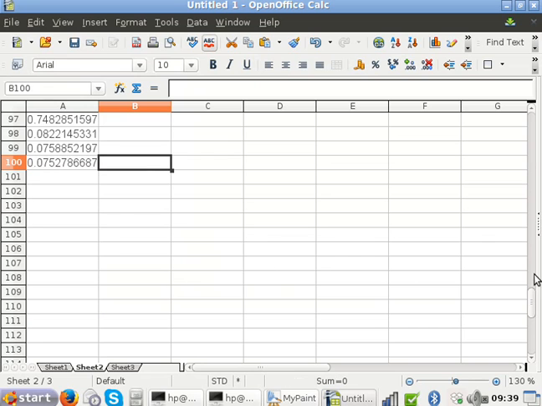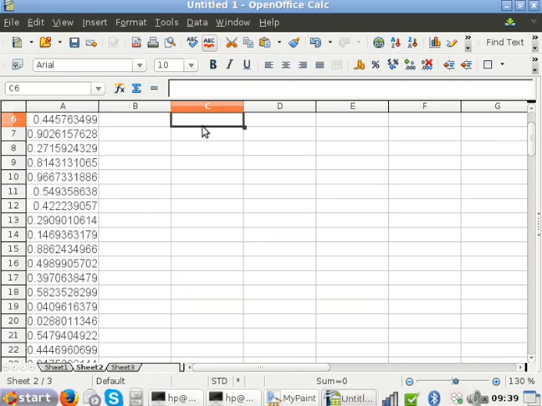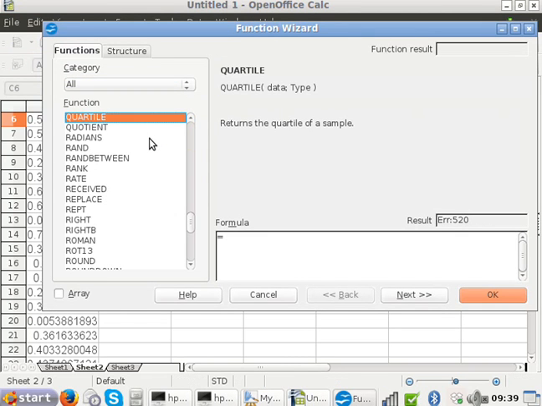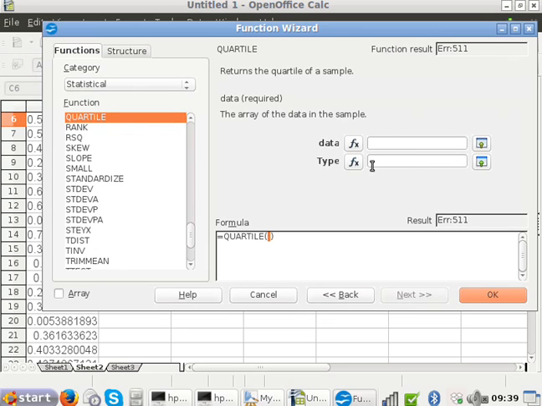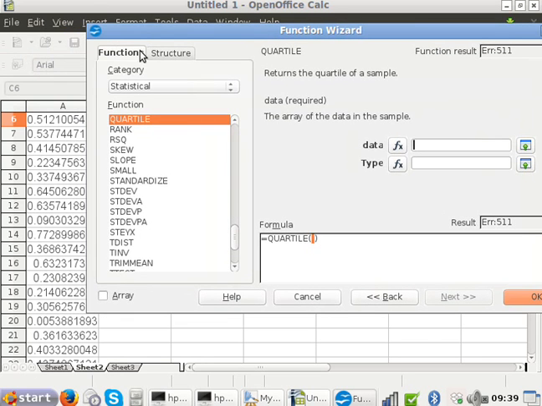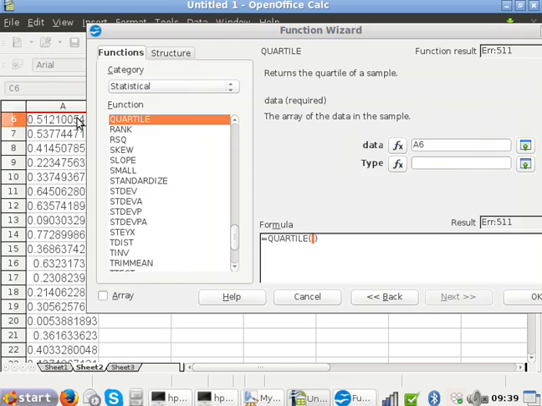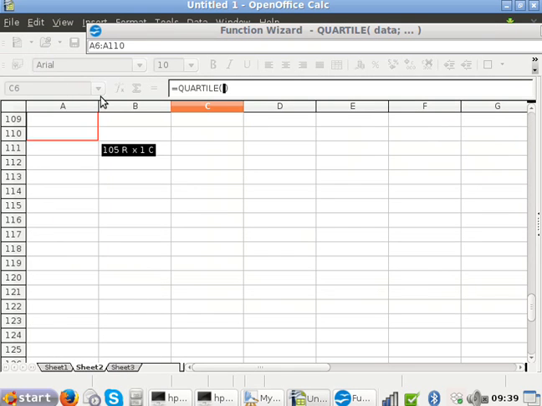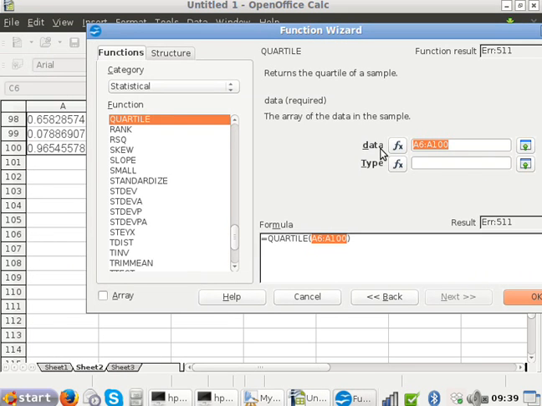Okay. So let's see, I can use Office to calculate the upper quartile. I think the function is called quartile. Yeah, which is nice. So my data goes from A1 to A100, and if I want the lower, it's Q1, so that's a 1.